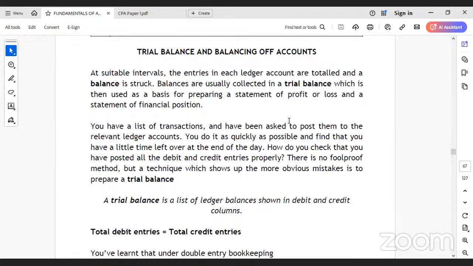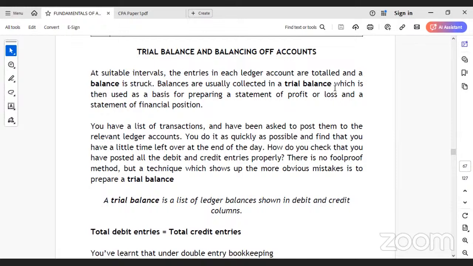Of course, there is no proof method which you can use to check that all the debits have their corresponding credits. But there is a technique which shows up the most obvious mistakes, and that technique is to prepare what we call a trial balance.